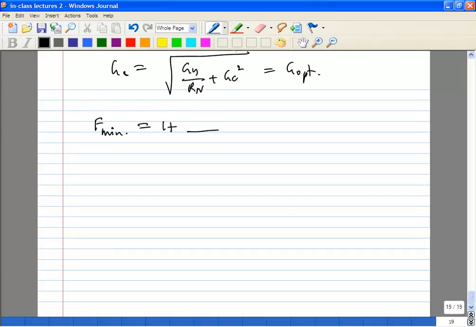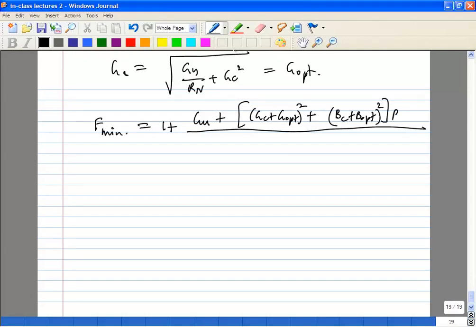So you have 1 plus Gc plus G opt whole squared plus, actually this is also G opt. What do you know about this? This is of course 0, that's one of your conditions.